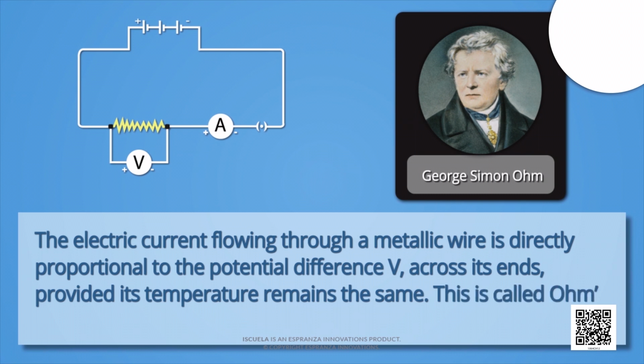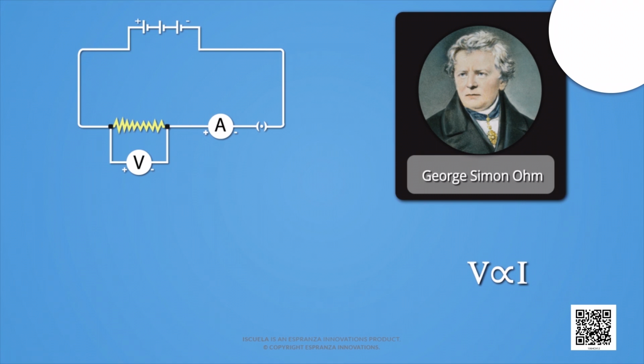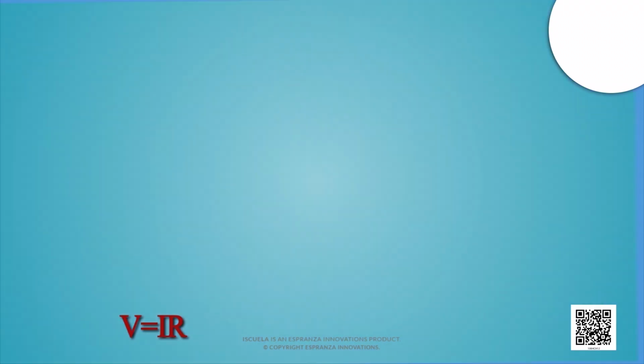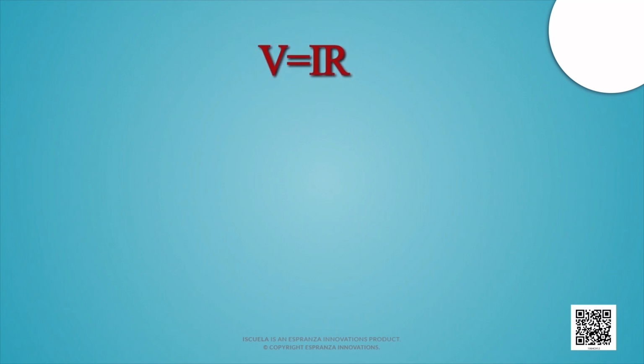This is called Ohm's law. In other words, V is directly proportional to I. V upon I is equal to a constant, which is R, or V = IR. In this equation, R is a constant for the given metallic wire at a given temperature and is called its resistance.